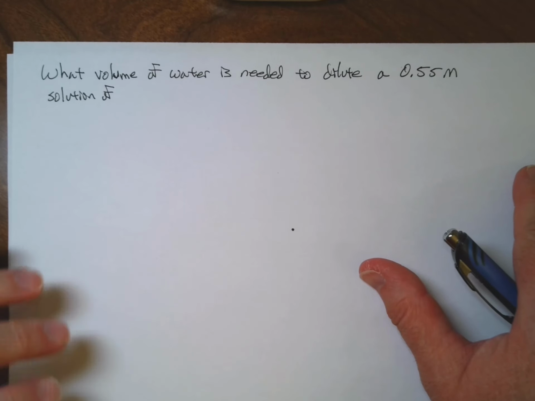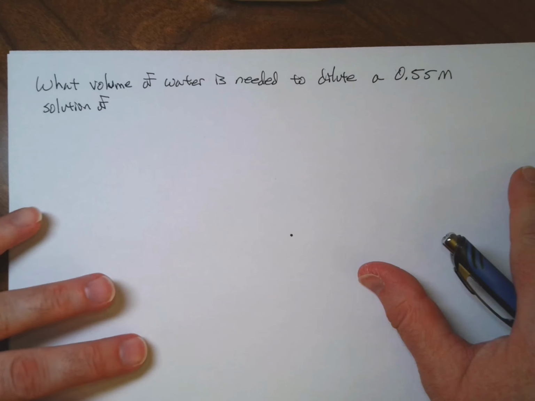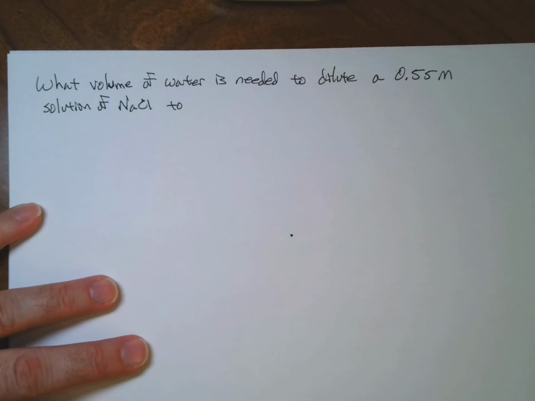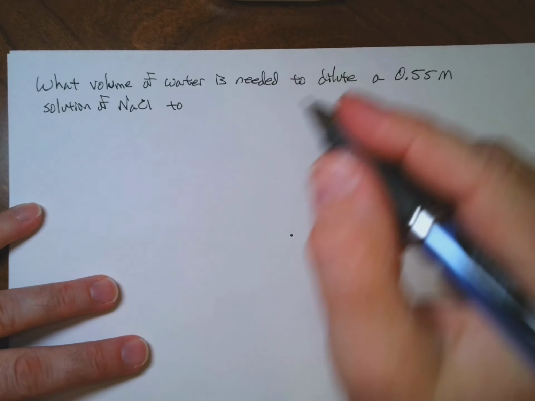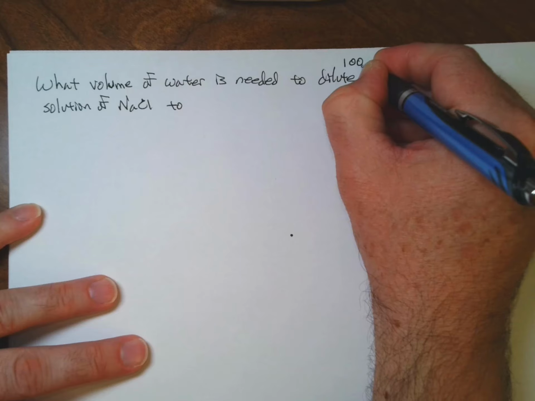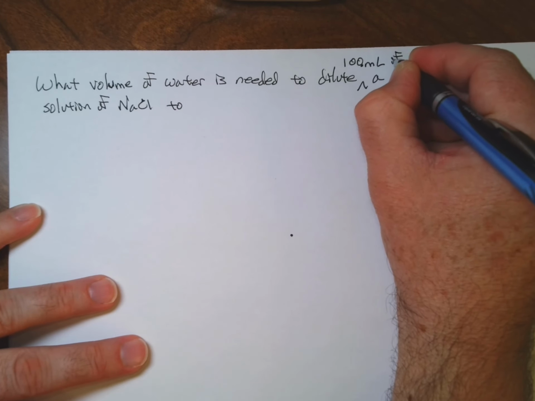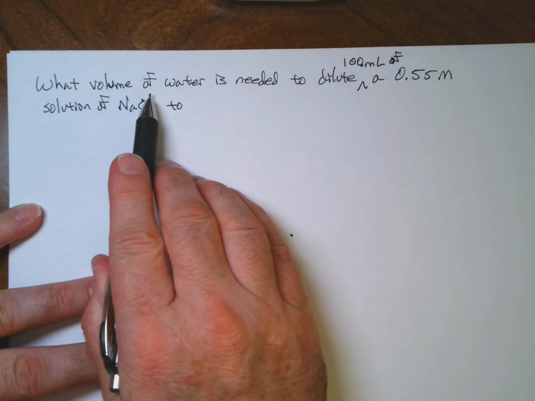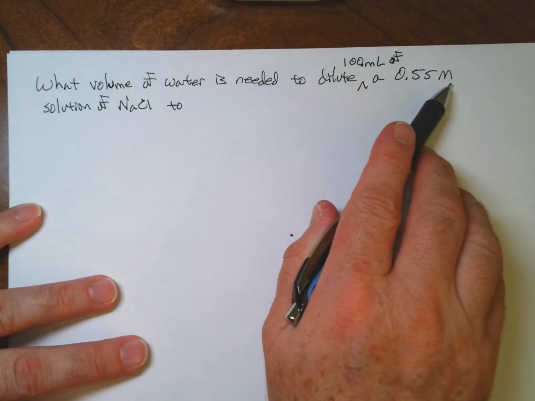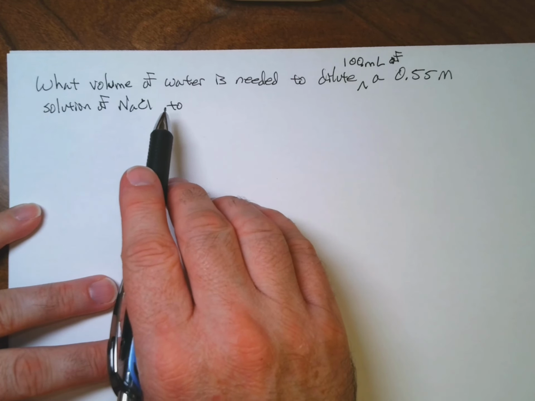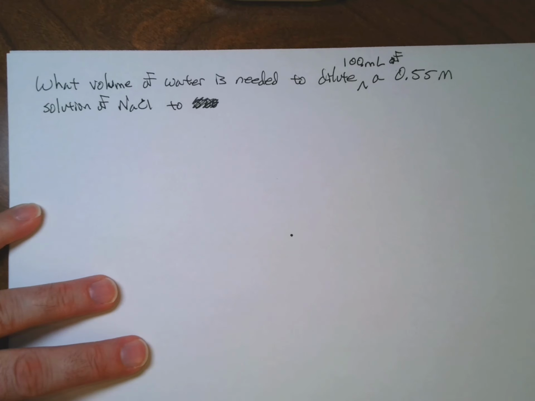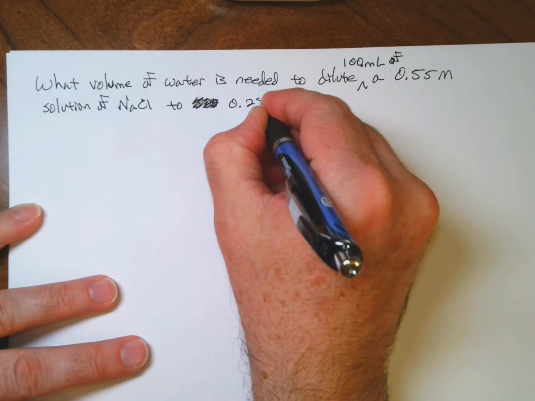So what volume of water is needed to dilute 100 milliliters of a 0.55 molar solution of NaCl to 0.25 molar.